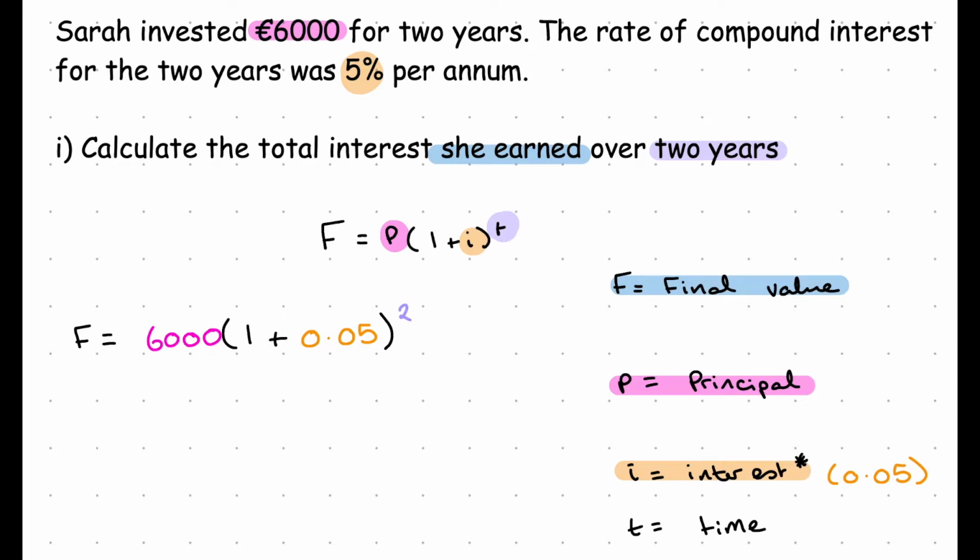All you need to do then is make sure you've typed that into your calculator correctly. And when you do put it into your calculator, we should get our final answer as 6,615 euros. Now they wanted us to calculate the total interest earned. Well, to figure that out, if she's left with 6,615 in the end, what did she have at the beginning? 6,000.